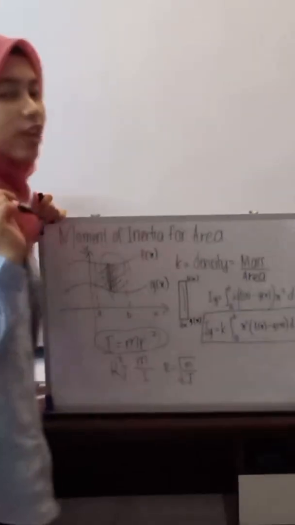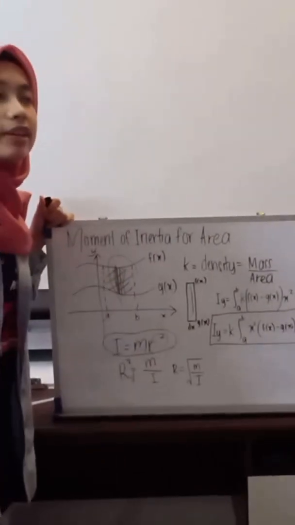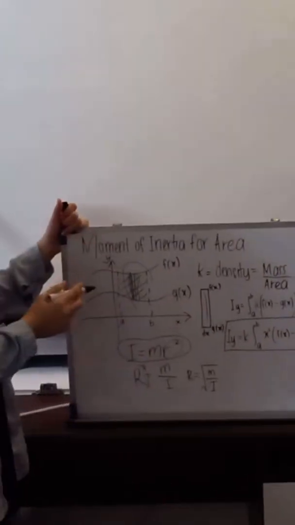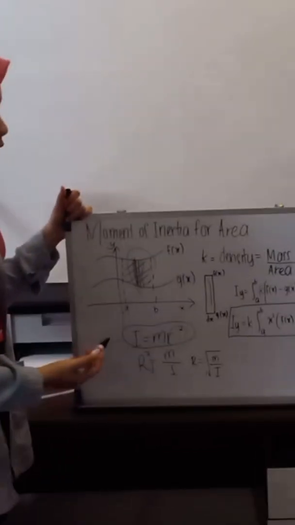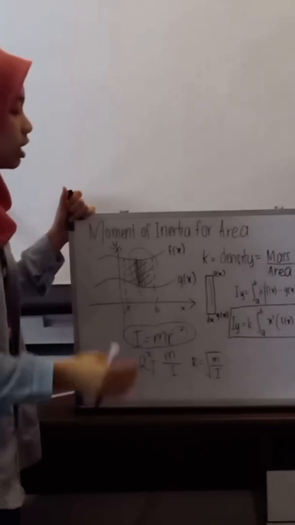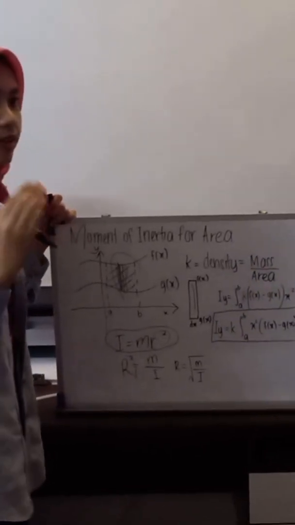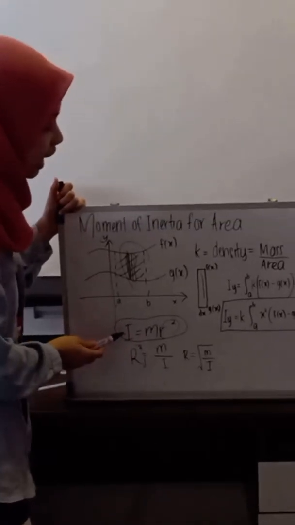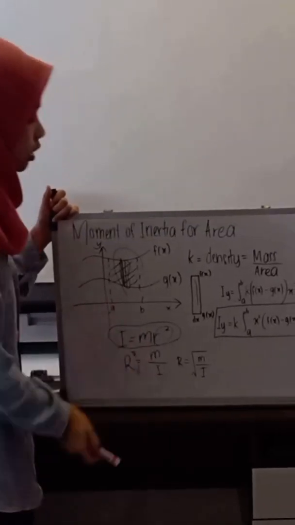Okay, now we are going to calculate the radius of gyration of the moment of inertia for this area. So how are we going to get the formula? The formula can actually be obtained from the basic formula, which is I equals m r squared.